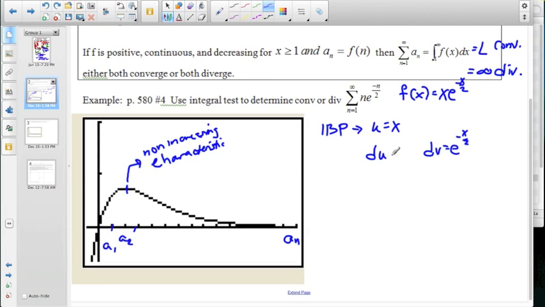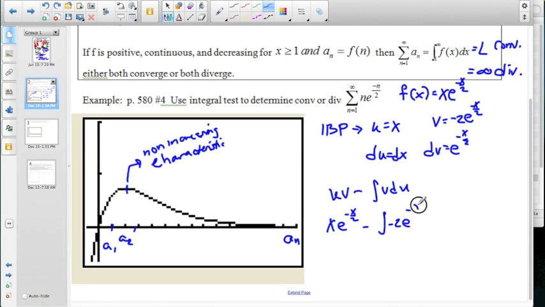That means du is dx, and when we integrate dv, we end up getting minus 2e to the minus x over 2. And so coming up with the integral, that's u times v minus the integral of v du. So u times v is x e to the minus x over 2, minus, and then we're going to integrate this, minus 2e to the minus x over 2 dx.